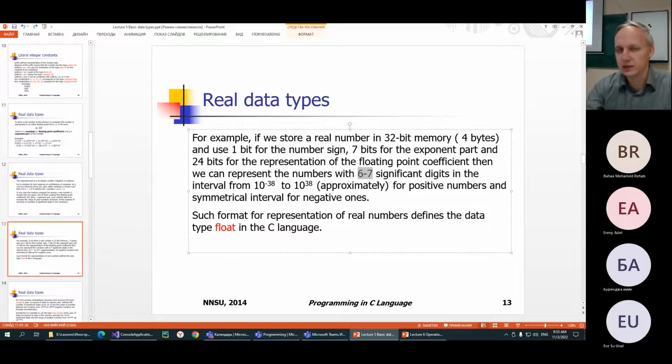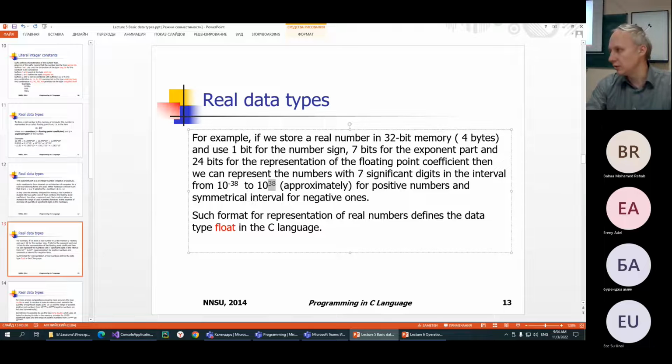Let's consider seven significant digits, and the largest power is 38.